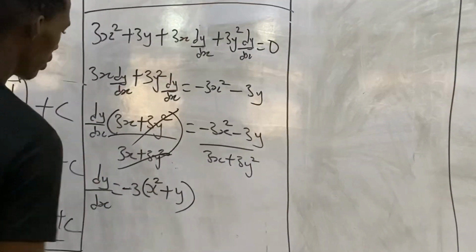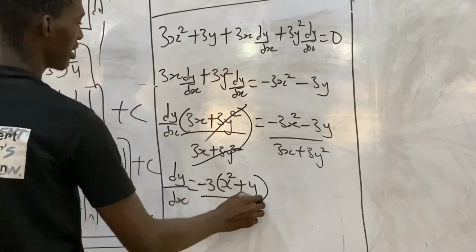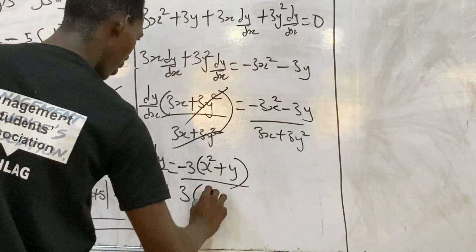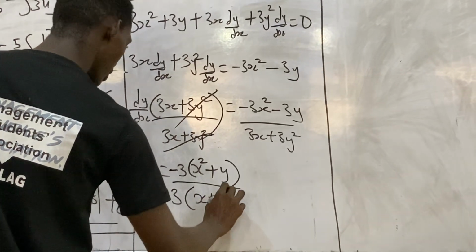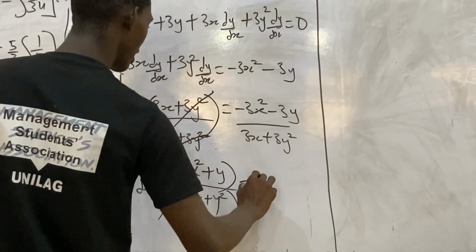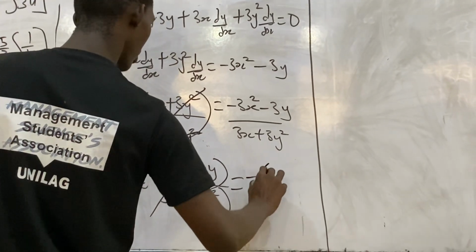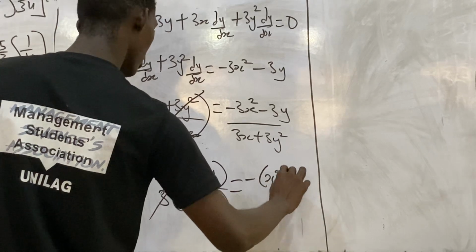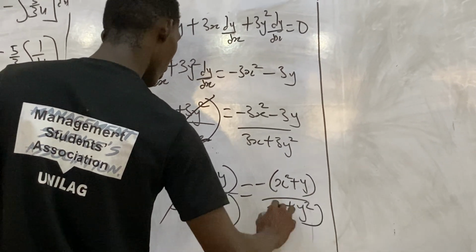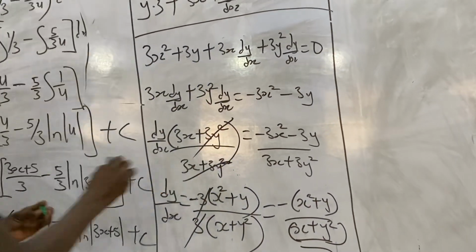Because if you expand it, it will eventually arrive back at this. That's the power of factorization. What is also common here? 3. We have x plus y squared, close bracket. This will cancel this. Therefore, our dy dx is equal to minus in bracket x squared plus y, over x plus y squared. So this is our final answer for this.